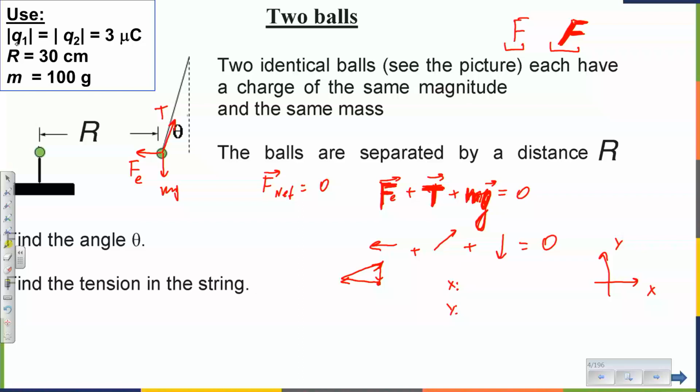And now, relative to the x-axis, the first arrow has a negative component. The second arrow has a positive component. Gravity doesn't have a component relative to the x-axis.